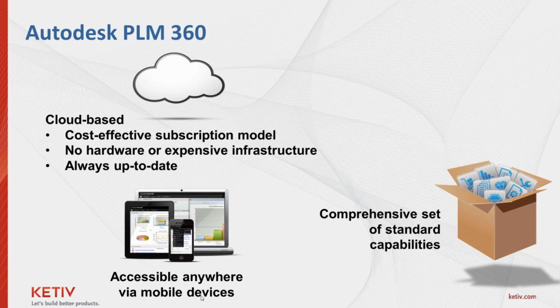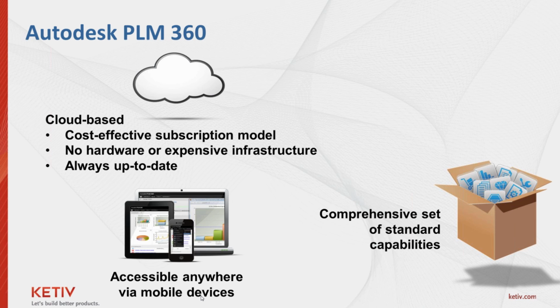It also comes with a comprehensive set of standard capabilities and standard templates that are all built to work together out of the box. And what's great about PLM 360 is, it does quality management, it does NPI process, it does change management, and all of those are included with PLM 360.